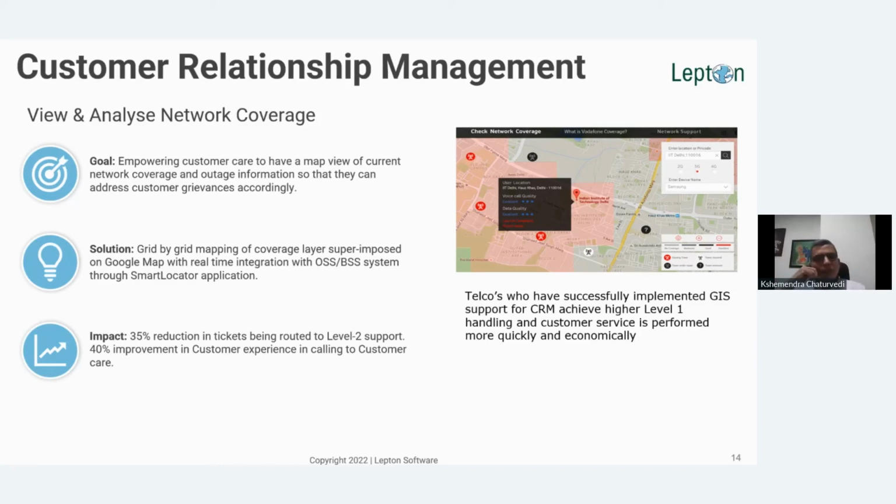So that is what we can do, and with the concept of open network and a smart locator application as part of network access, we can provide that service cloud view to your customers, which can be exported to the portal, and that will empower the customers to go on your portal, simply input the address, go to their location and find out what kind of network options, what kind of bandwidth, what kind of services are available.